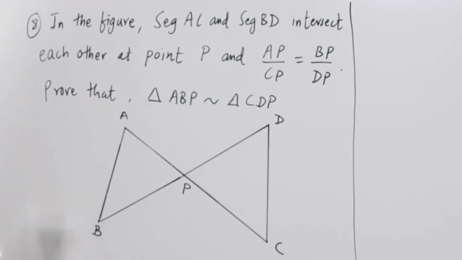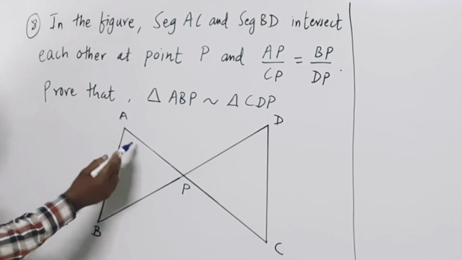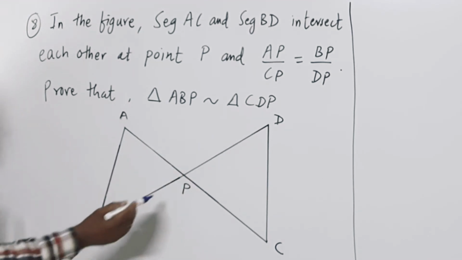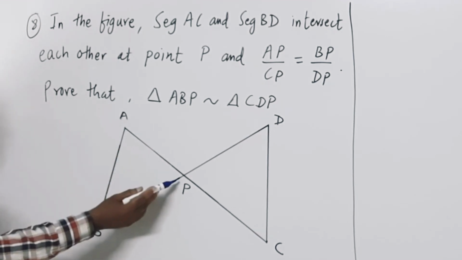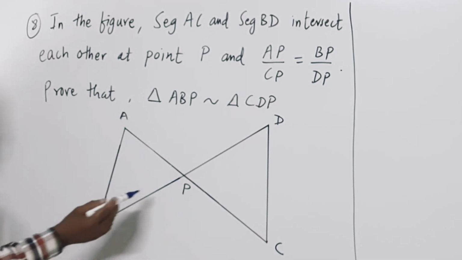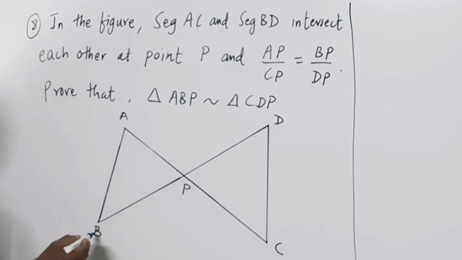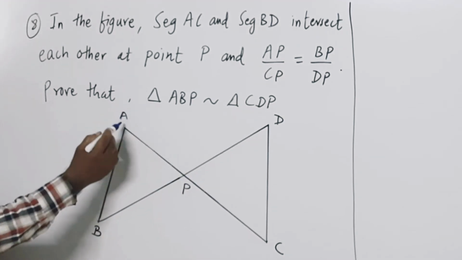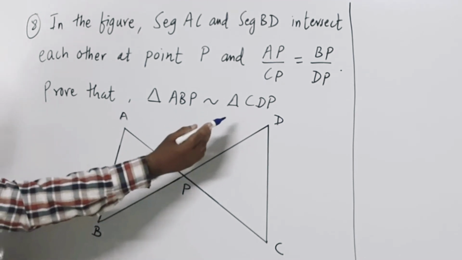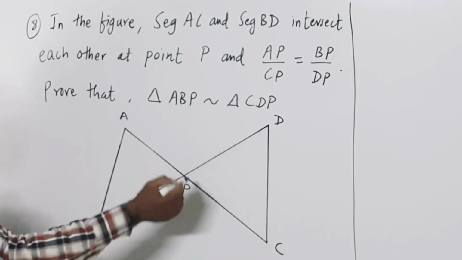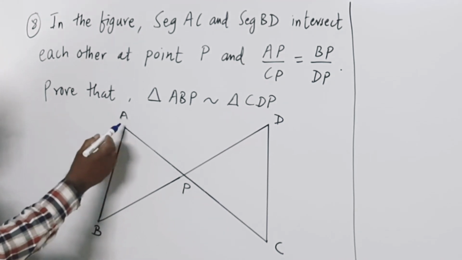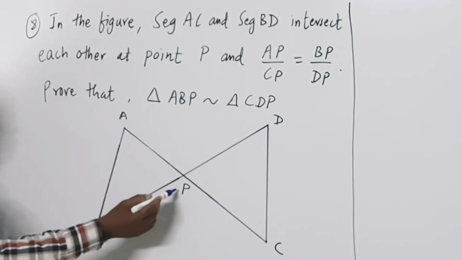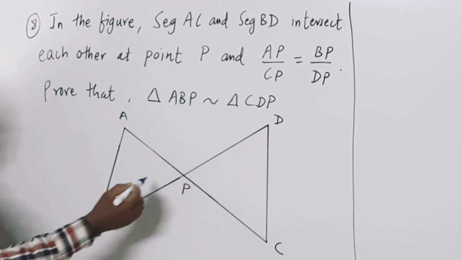Eighth example. In the given figure, segments AC and BD intersect at point P and AP upon CP is equal to BP upon DP. We have to prove that triangle ABP is similar to triangle CDP. So let us consider here triangle ABP and triangle CDP.